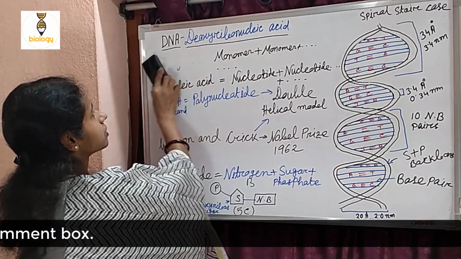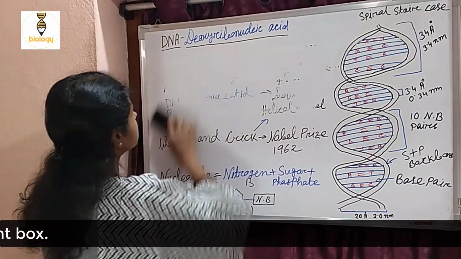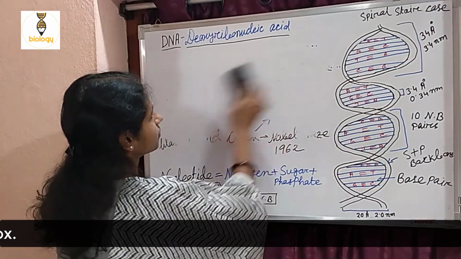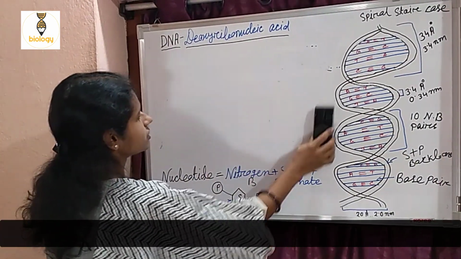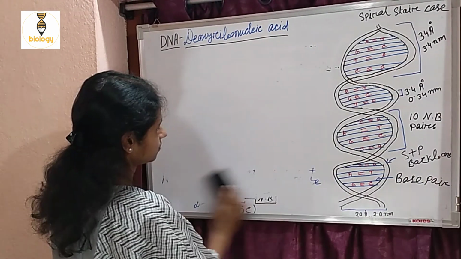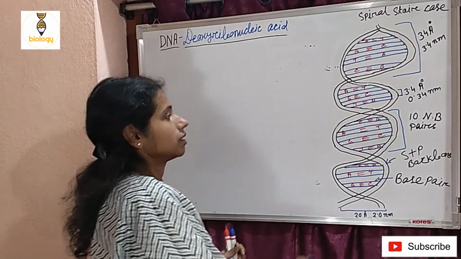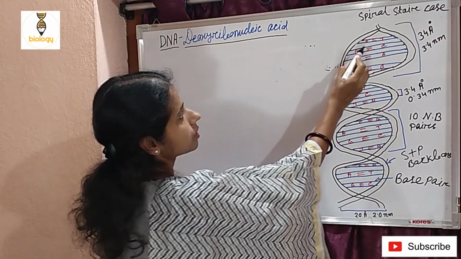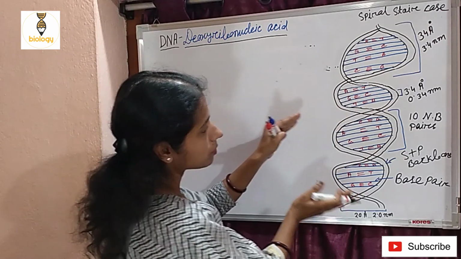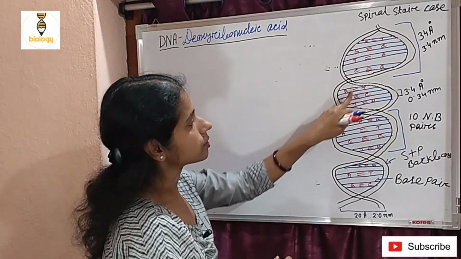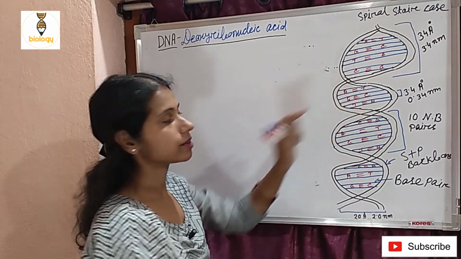Now I am going to discuss the details. In this structure, we have learned that the middle part is made of nitrogen bases.